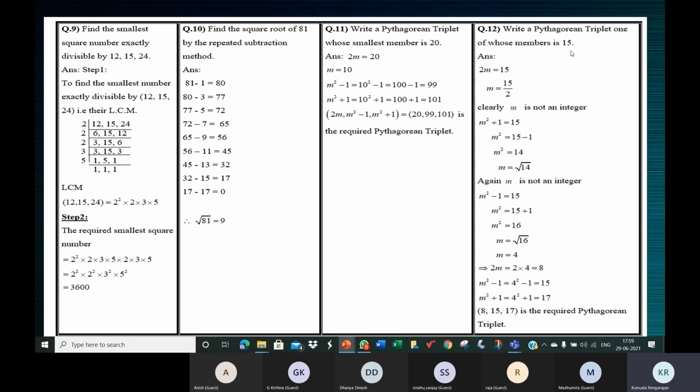When one of the members is given, you can equate that number, 15, to 2m or m square plus 1 or m square minus 1, whichever works. We equated 15 to 2m, but we did not get an integer answer for m, so we leave it. Then we equated it to m square plus 1. Again, we did not get an integer answer, so we leave it. When we did it with this one, we got an integer answer.